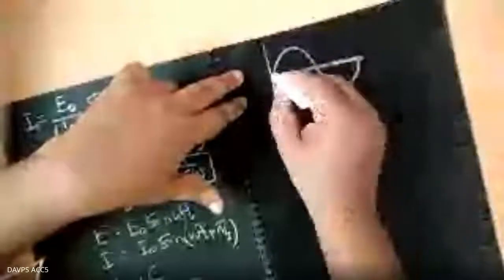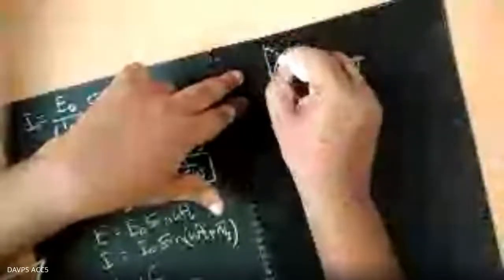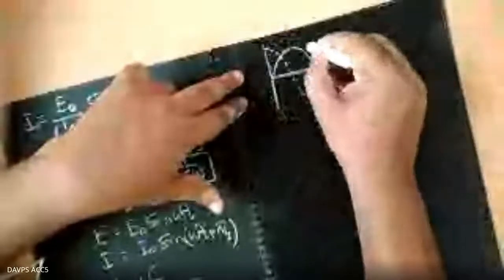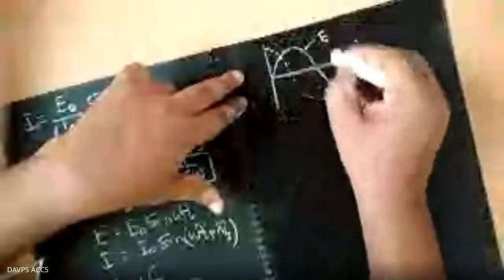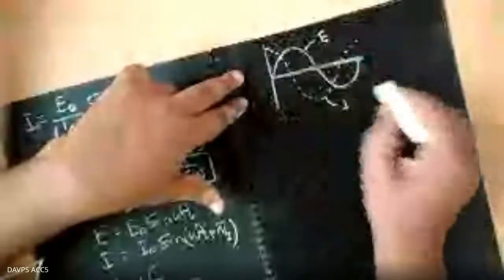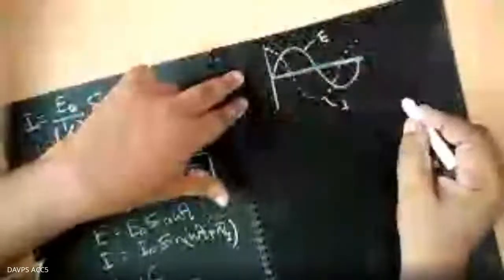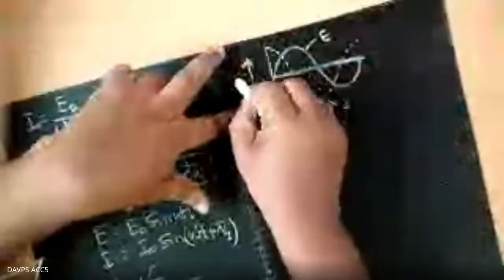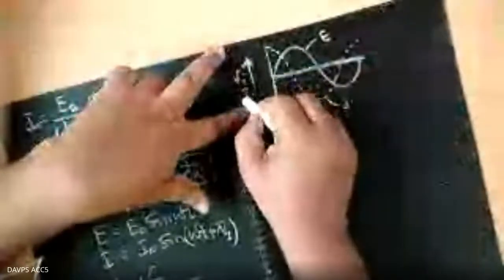Current is leading in this case, so it will start from here. This is the E, and this is the I. And the maximum values will be E naught and I naught. So this is the graph for the voltage and current versus t.